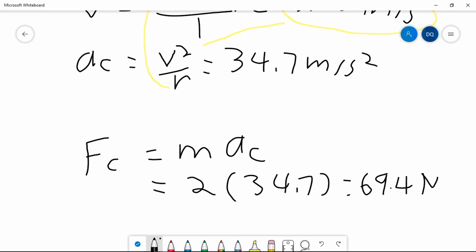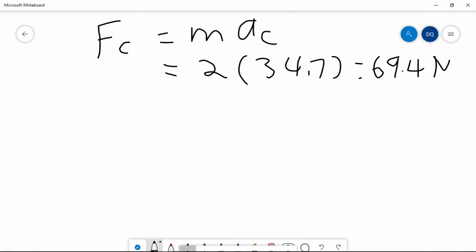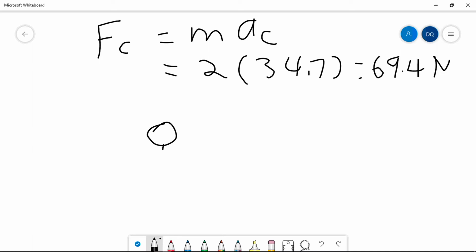So how much force is the arm exerting when it's at the top? Well, let's consider when the bucket's at the top. When the bucket's at the very top, it has gravity pulling it down, and gravity is 2 times 9.8. We're assuming we're on the Earth.